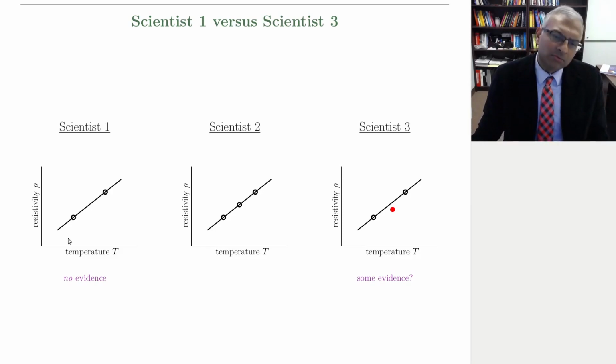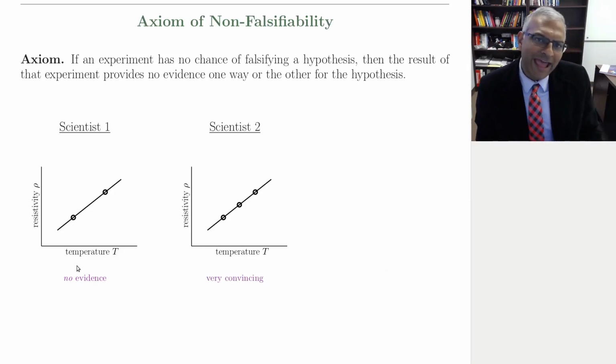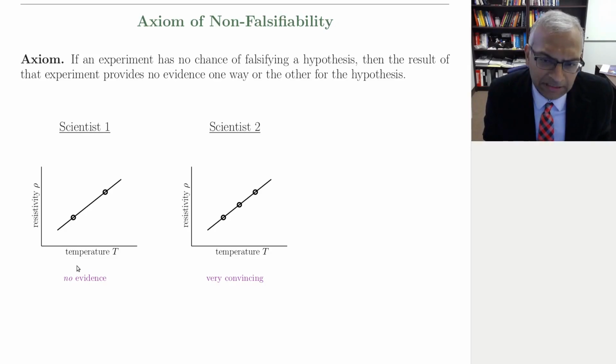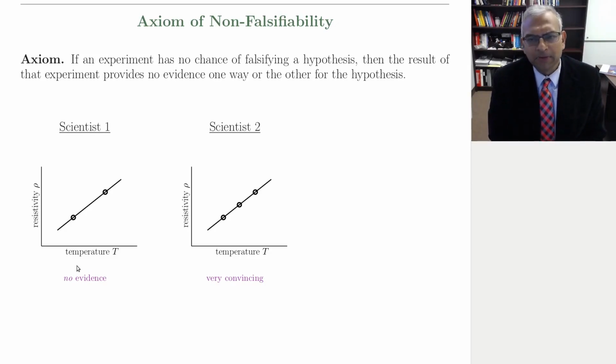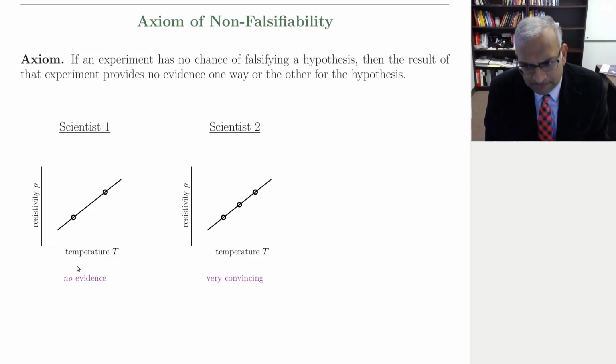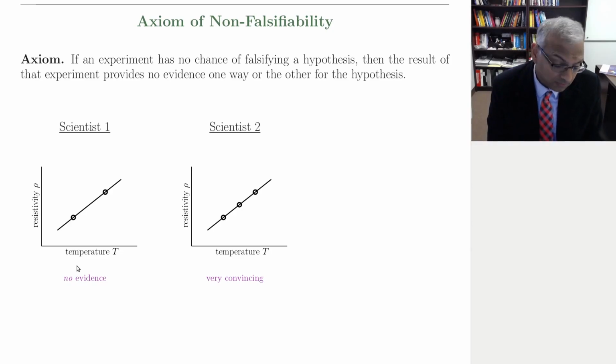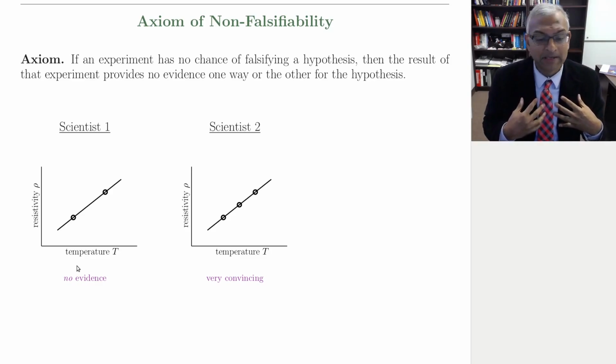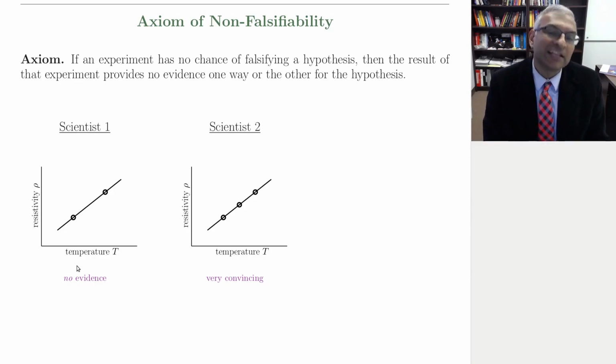Now, we can sort of summarize this in what's called the axiom of nonfalsifiability. And let me tell you, this is a fundamental axiom in the physical sciences, and it basically goes like this. You have a hypothesis, and you'd like to run an experiment to test your hypothesis.